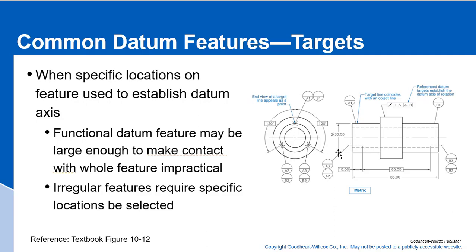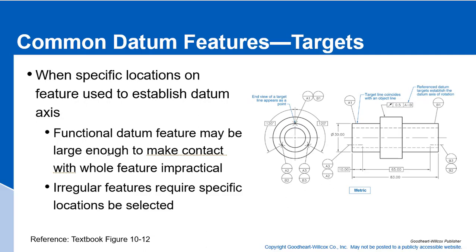In this particular case, we have datum targets here. We've got datum A, A1, A2, A3, and then B1, B2, B3. These are targets. So the 3 points will center up that cylinder about its axis. So when specific locations on features must be used to establish a datum axis, that's what you do with these targets. These are specific features that are used to establish the datum axis.